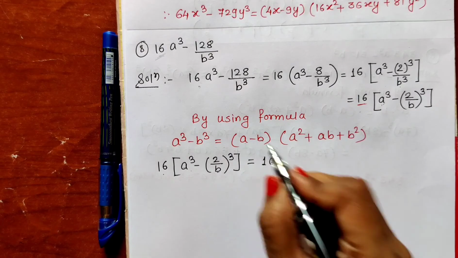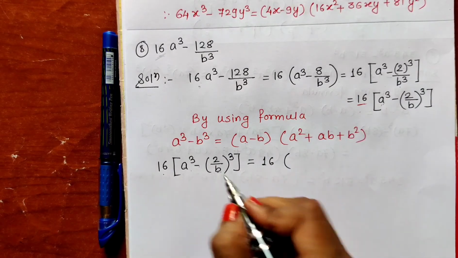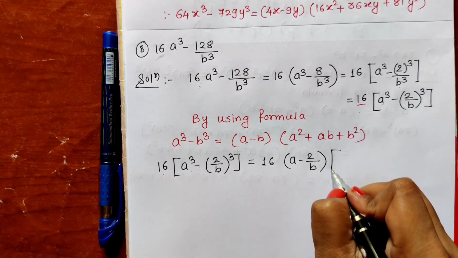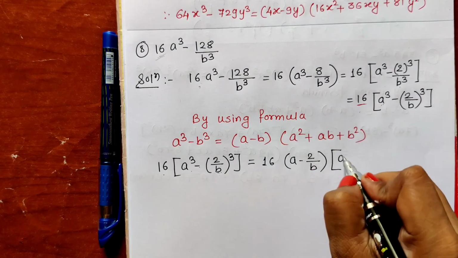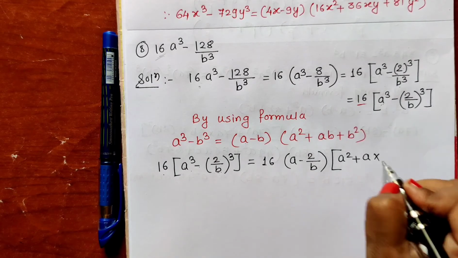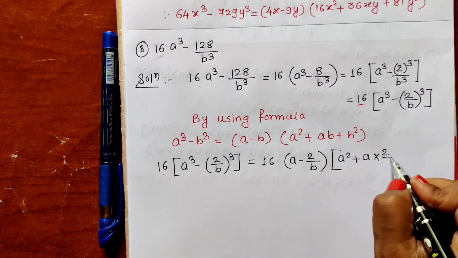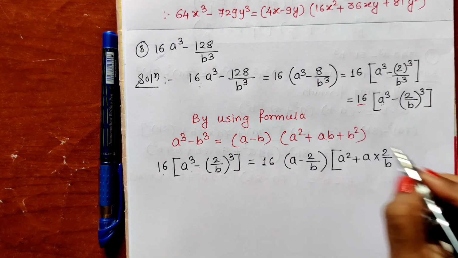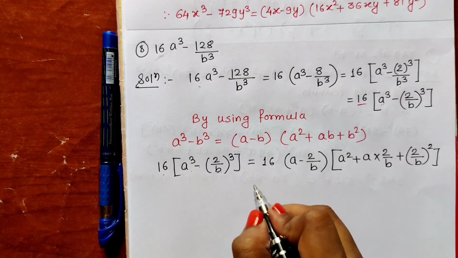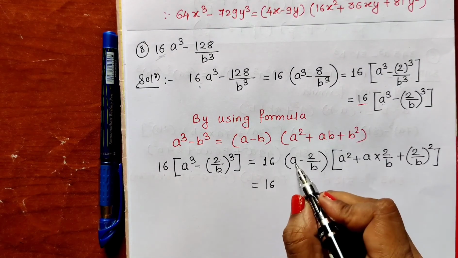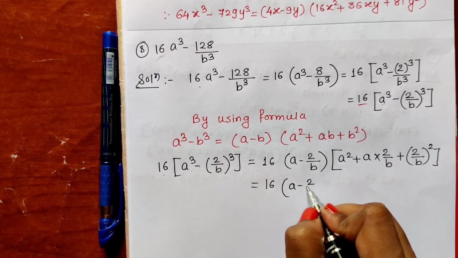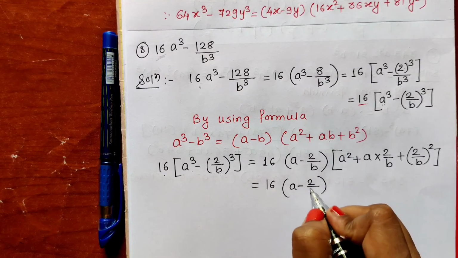In the first bracket, a minus b means a minus 2 upon b. In the second bracket I will write a square plus a into b. Our a is a and b is 2 upon b, plus b square means 2 upon b whole square. Again this 16 we can write as it is. From a and 2 upon b we cannot take out anything common, so it is a minus 2 upon b as it is.